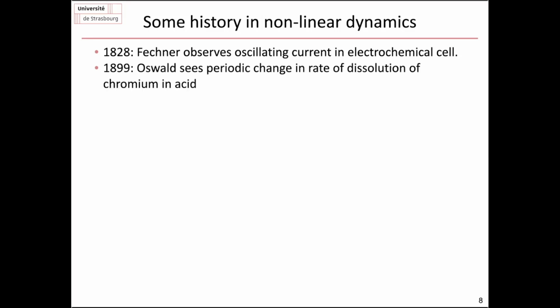Nothing much happened for the rest of that century. Then came Ostwald, who we saw in class 1, and he found periodic rates of dissolution of a metal in acid.